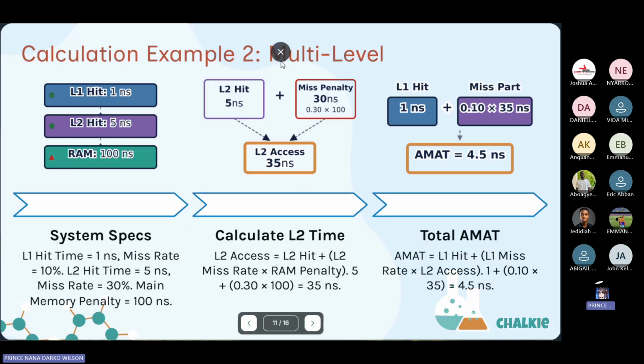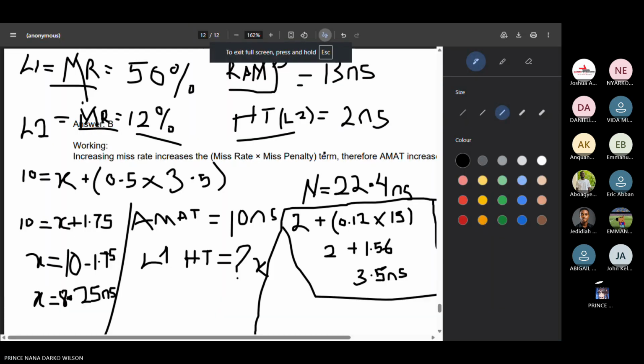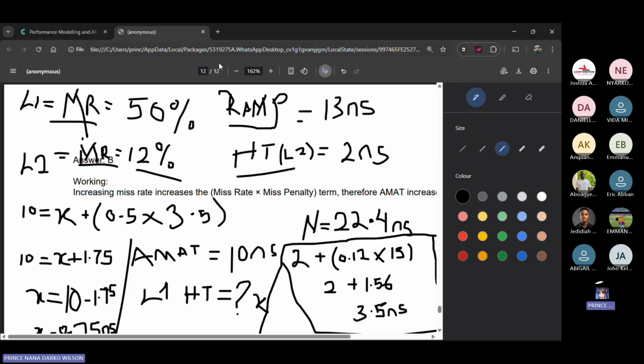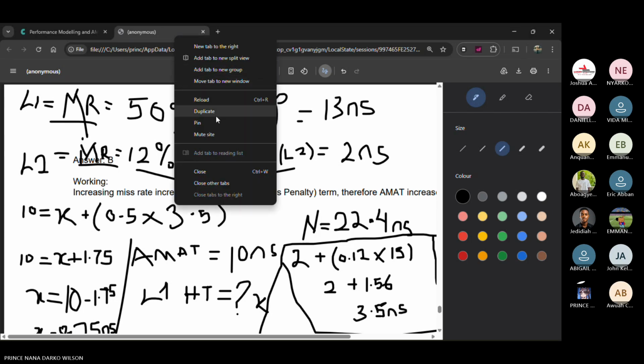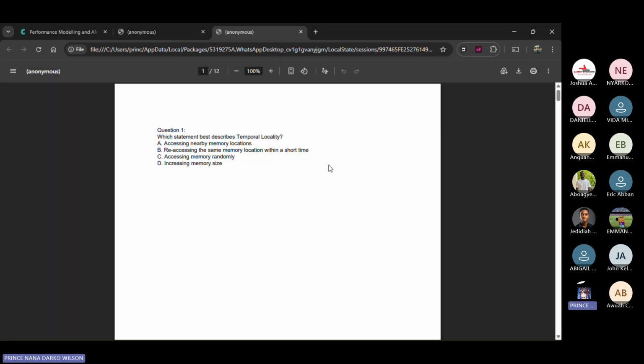Perhaps this time, let me use the parameters here. Let me clean these things. Or better still, let me duplicate. All right.